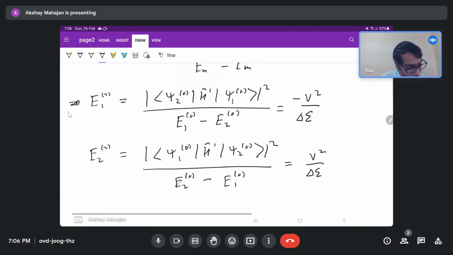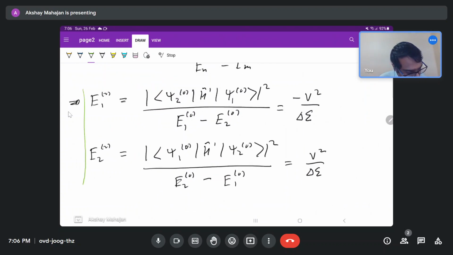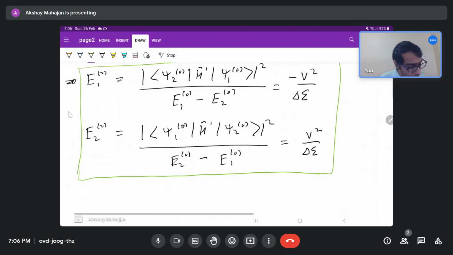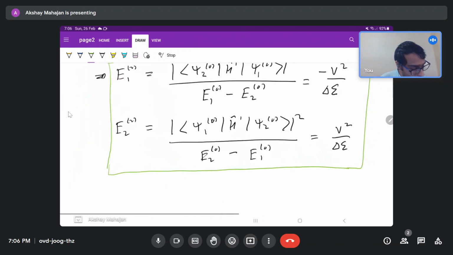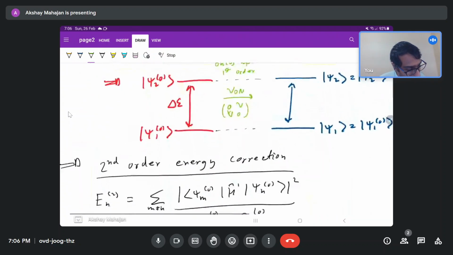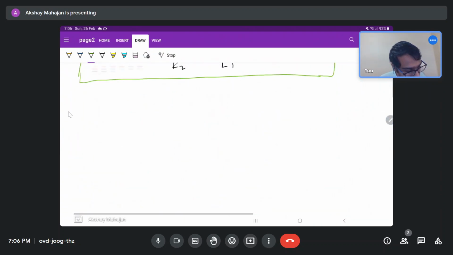So we can see that if we go up to second order energy correction, then we will get some change in our energies, there are non-zero values.